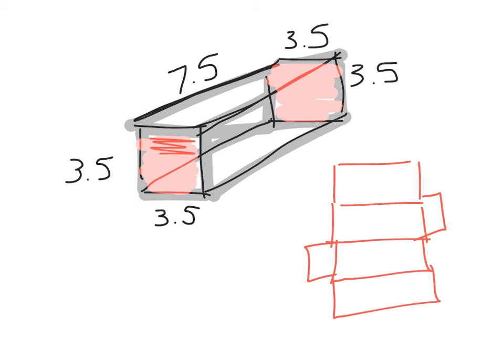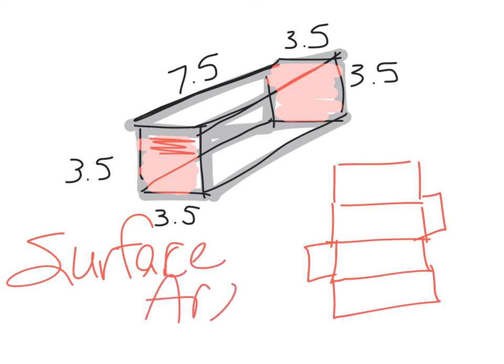Well, when you're doing the area of a 3D shape all around, that is called surface area. So this is not just area, it's surface area because it measures everything that's around that 3D shape.